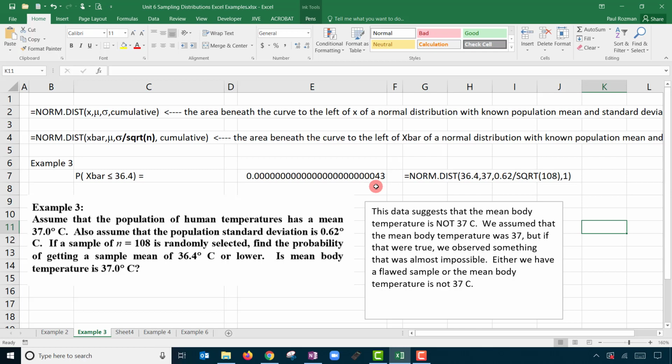We would say that this is statistically significant because this probability is so low. Generally, we use the threshold that if this probability is under 5%, we reject the null hypothesis. So our null hypothesis here was that the body temperature was 37, and we would reject that because this probability is unusual. It had a less than 5% chance of occurring.